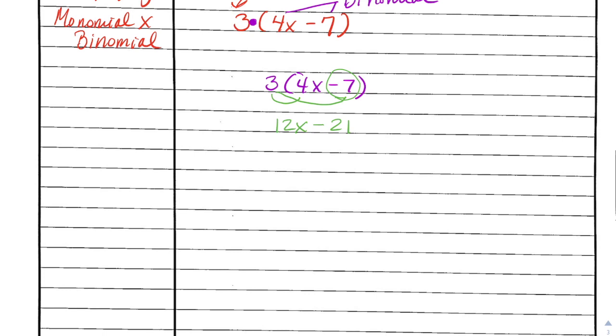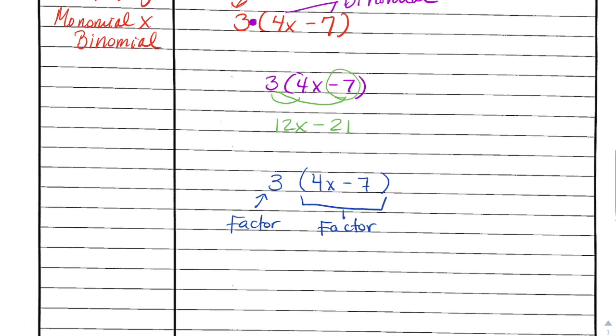So we've got two parts to this problem, or two factors. So let's just go back and recognize what we have here. We have 3. It's being multiplied by the parentheses, so 3 is a factor. And then this chunk that's multiplying by it, that 4x minus 7, this whole chunk is also a factor.